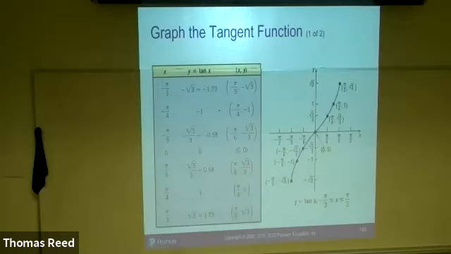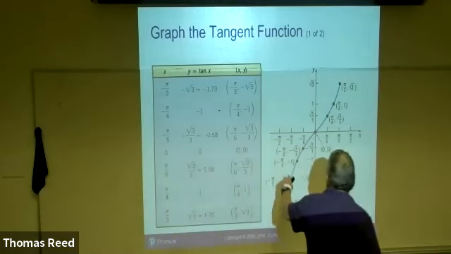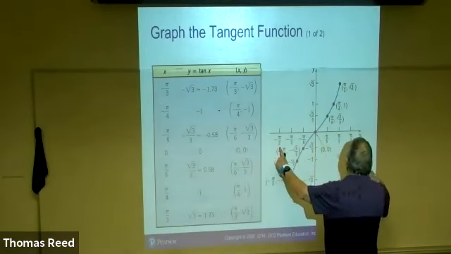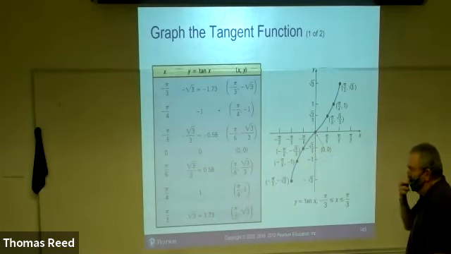Tangent function. This is over the first period. Well, it's from -pi/2 to pi/2, because at -pi/2 and at pi/2, tangent does not exist because you're dividing by 0.